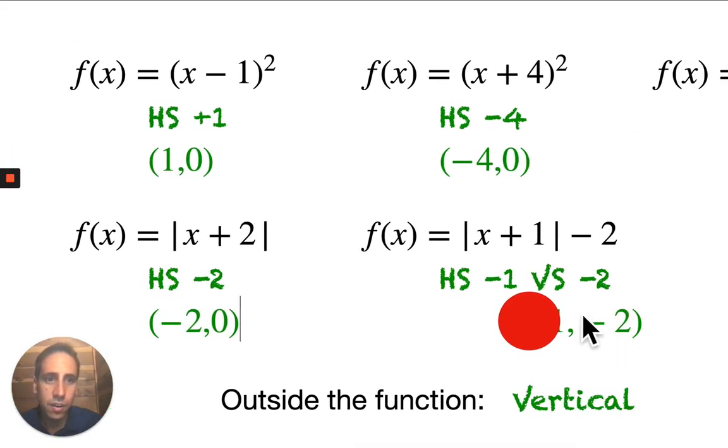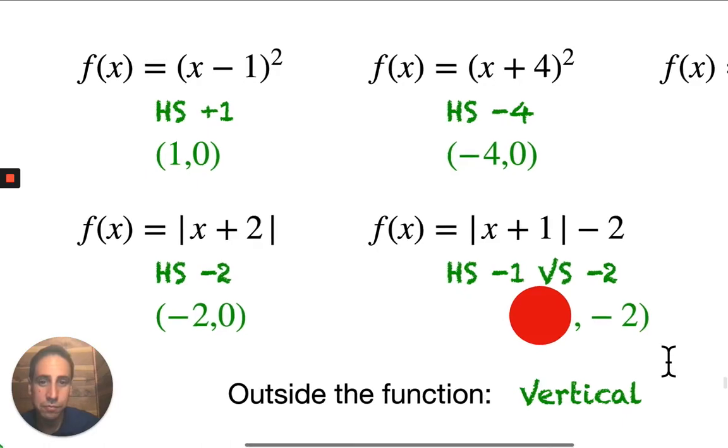And so here, I want you to tell me what I think I can tell you here: if the +1 is on the inside of an absolute value, then it's going to have a horizontal shift of -1, and if the -2 is outside, it'll have a vertical shift of -2. So the y value of the vertex is negative 2.